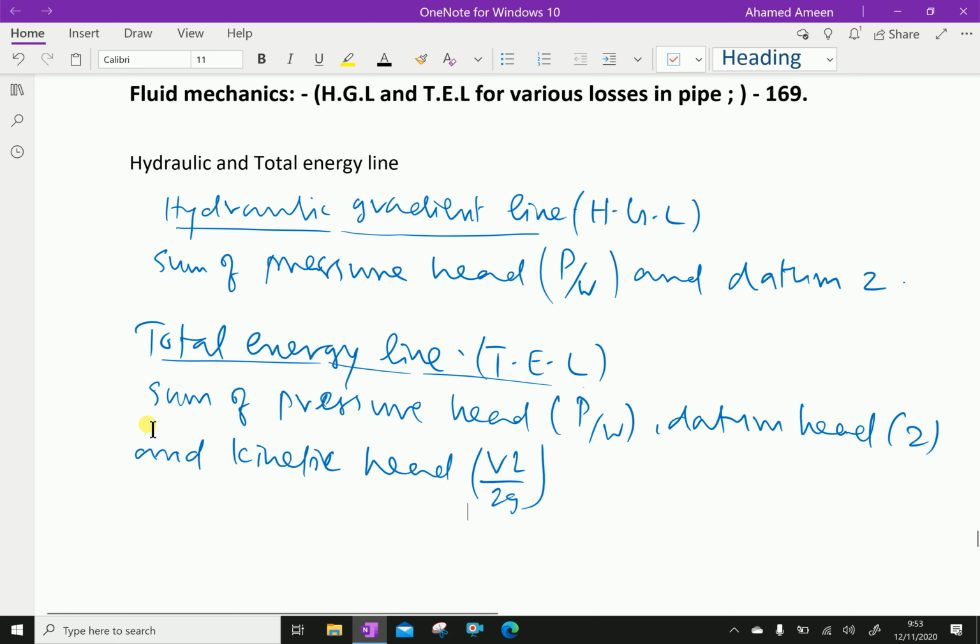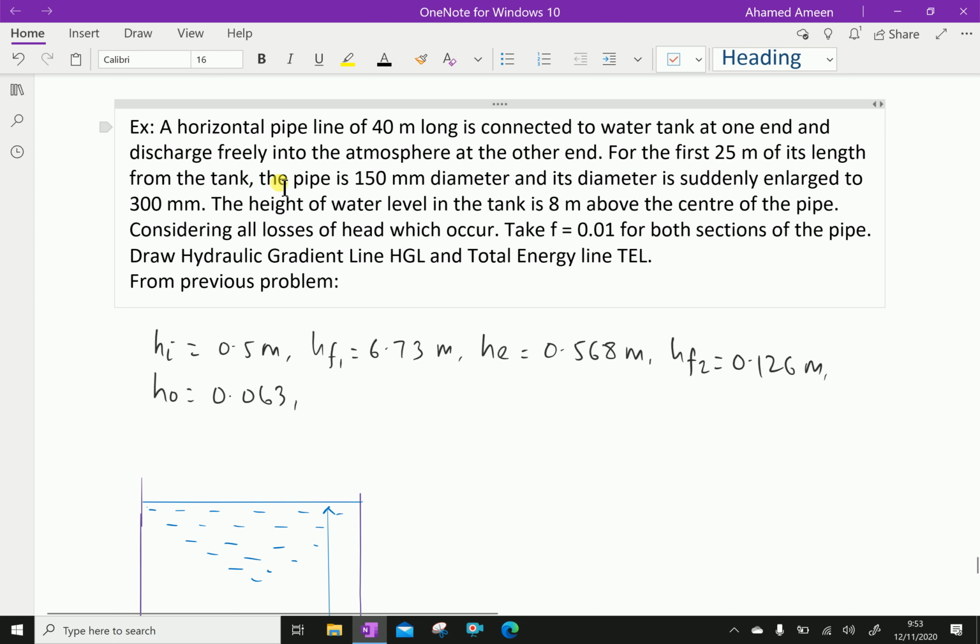Now look at this example. A horizontal pipeline 40 meters long is connected to a water tank at one end and discharges freely into the atmosphere at the other end.